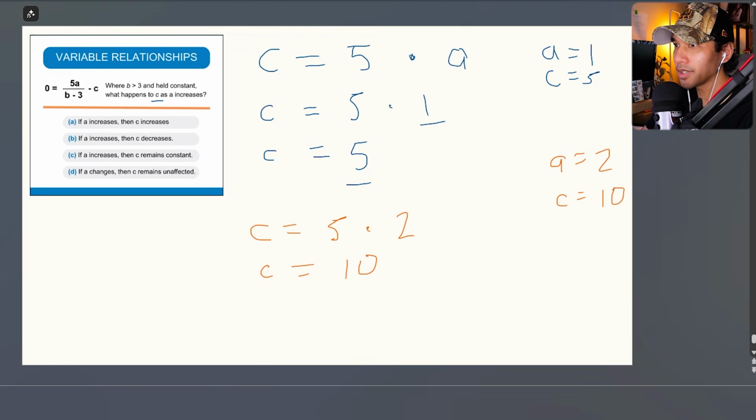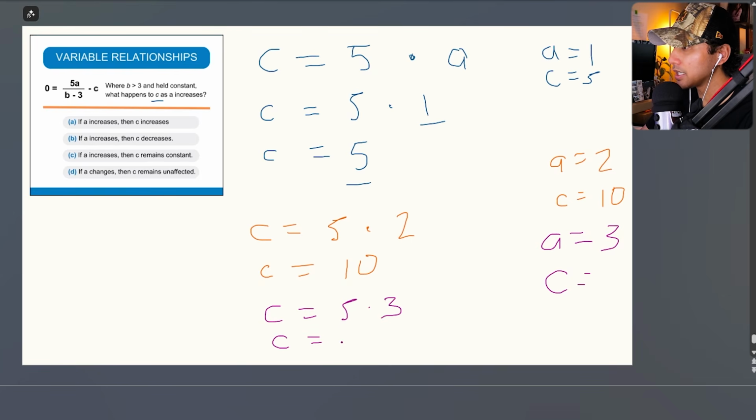Do we see what's happening here? I'll do it one more time. A equals 3, then C equals 5 times 3, C equals 15. What's happening is as A increases, C also increases. That's all that's happening.